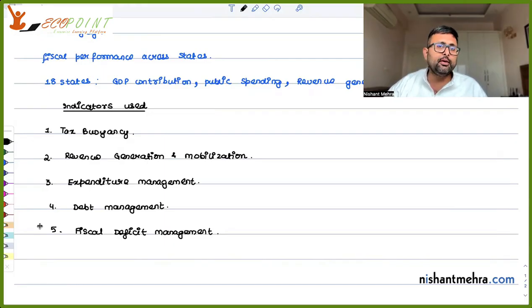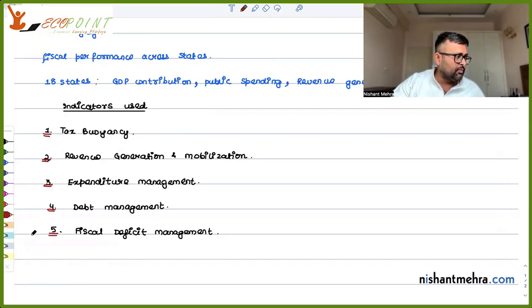According to the FRBM Act, your fiscal deficit should not be more than 3%. So are you adhering to that limit, or is your fiscal deficit completely off the mark? These are the different indicators on the basis of which the index is being created, right?